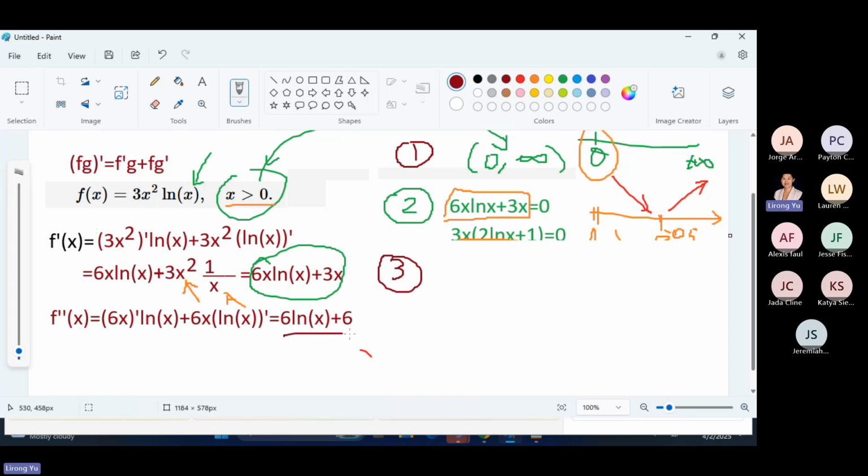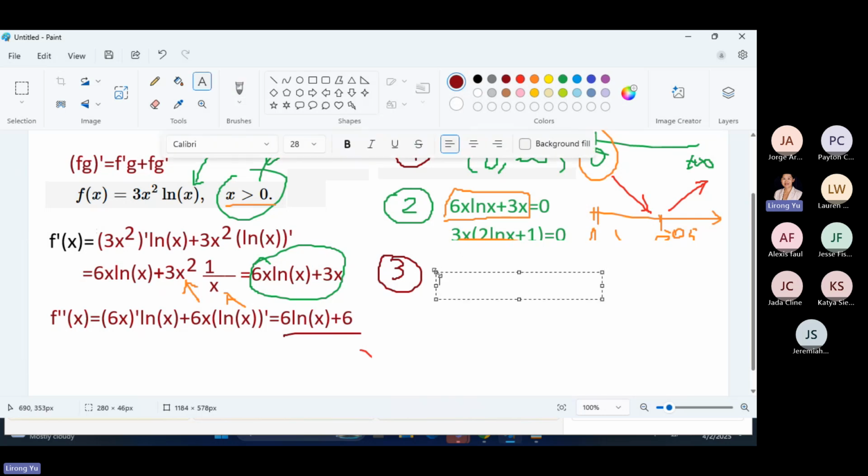We will set the second derivative, 6 times natural log of x plus 6, equal to 0. We set the second derivative equal to 0 in the effort of trying to find the concavity, trying to find the inflection point.